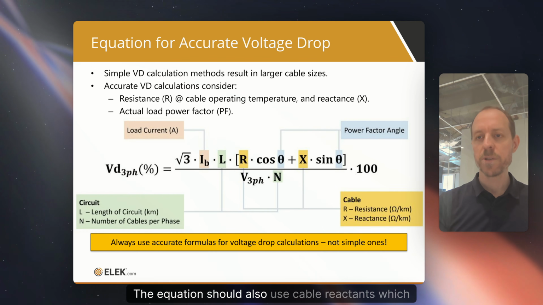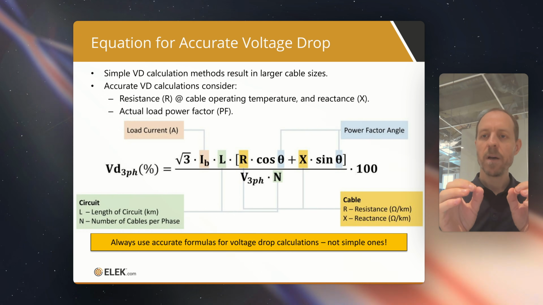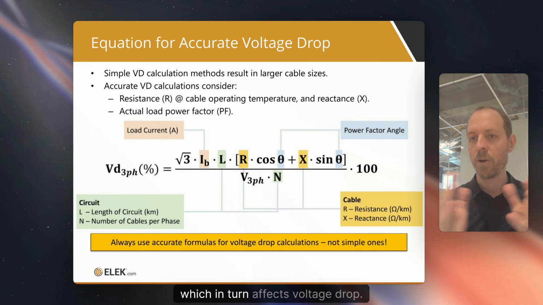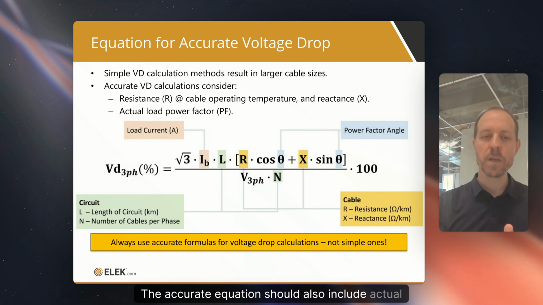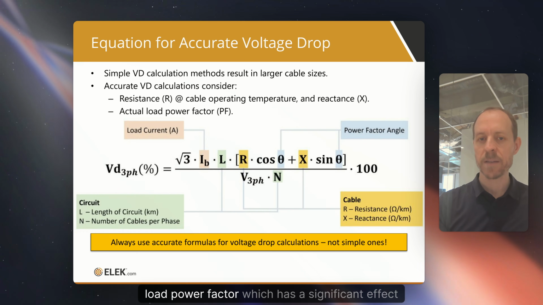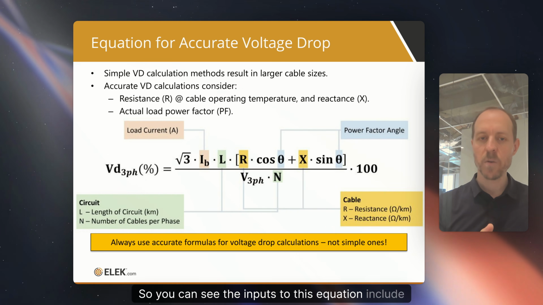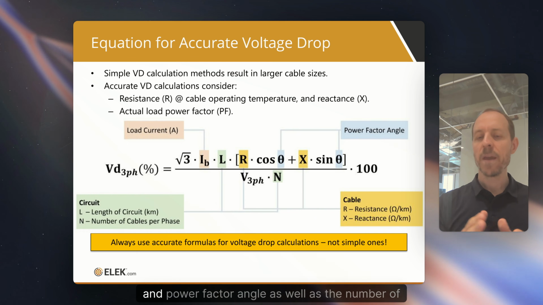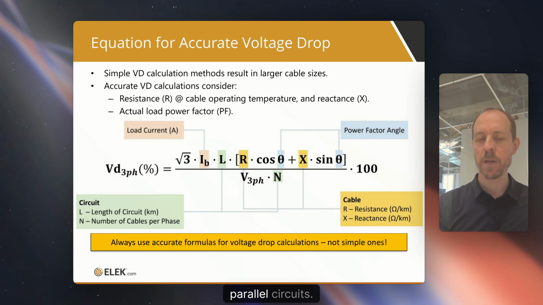The equation should also use cable reactance, which depends on the phase separations of the cables, which in turn affects voltage drop. The accurate equation should also include actual load power factor, which has a significant effect on voltage drop. So you can see the inputs to this equation include load current, the length of run, resistance, reactance, and power factor angle, as well as the number of parallel circuits.